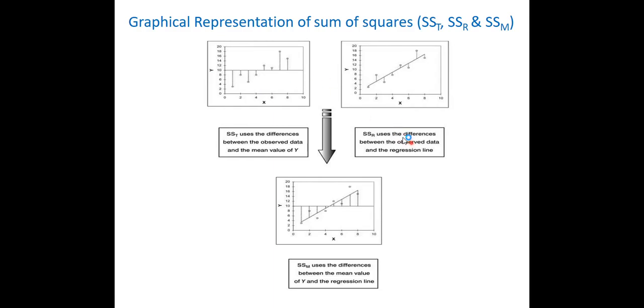So the sum of squares model and the sum of squares residual together give you the sum of squares total. Some people say it's easier to conceptualize with pure ANOVA, because there we talk about the total sum of squares, which is the deviation of each value from the grand mean. We also talk about the sum of squares between, which is the deviation of the mean of each group from the grand mean.